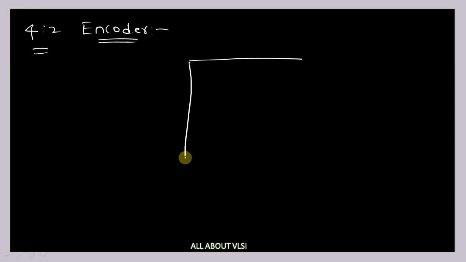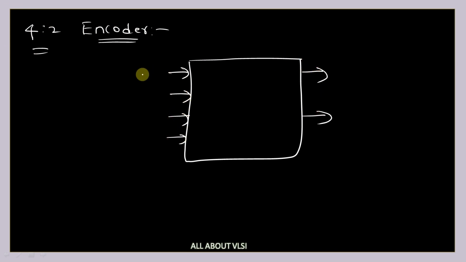So let us try to understand your 4 to 2 encoder first. Let us try to design it. The block diagram of your 4 to 2 encoder will look like this, with 4 inputs I0, I1, I2 and I3, and this is your 4 to 2 encoder, which has 2 outputs Y0 and Y1.